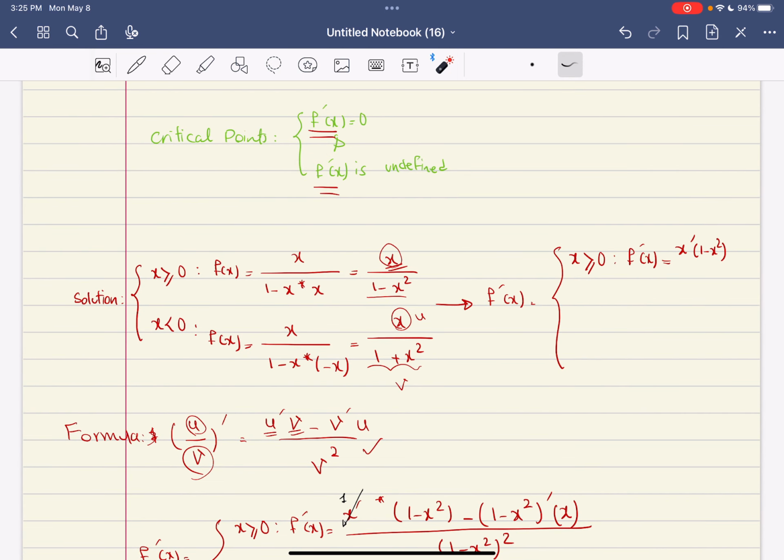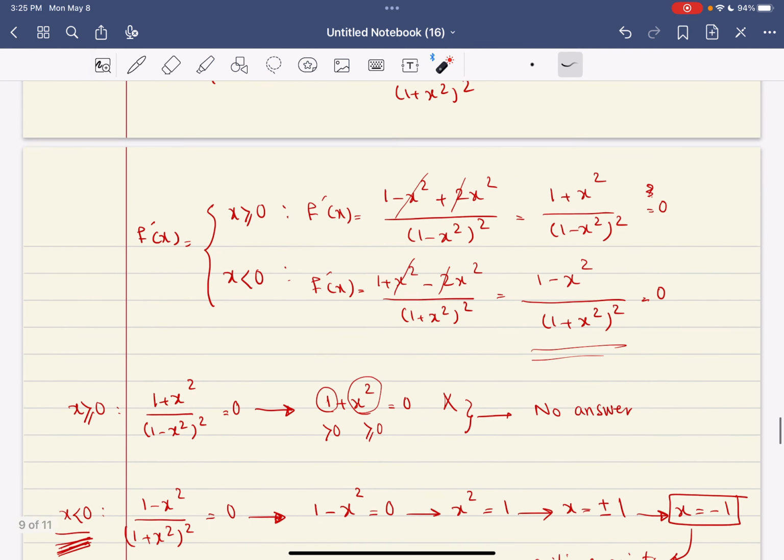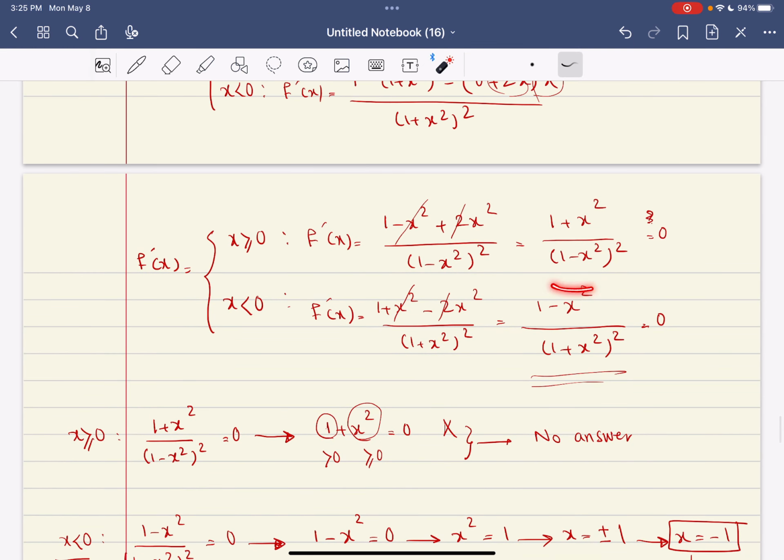F prime x is undefined. We need those x's where the derivative of fx is undefined. So the derivative of fx is this and that, at x greater than 0 and x less than 0.